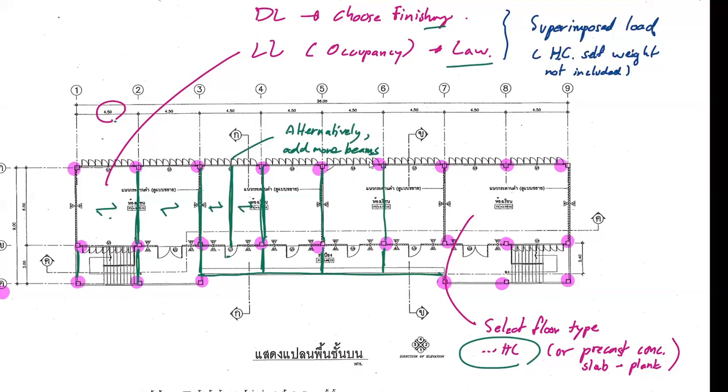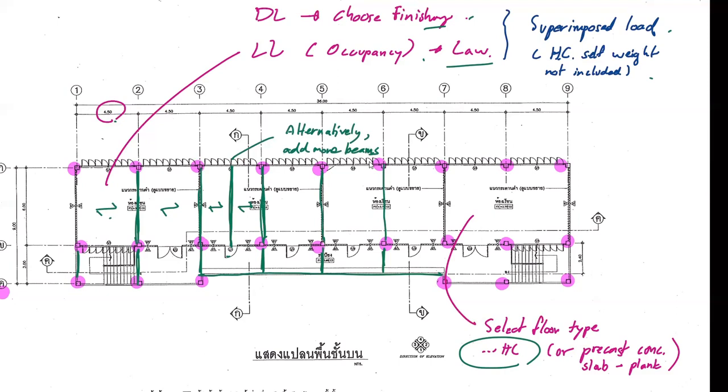If you can select the floor, because I don't know why last year it was so confusing the way they tried to choose the hollow core. When you look at the hollow core table, it shows the superimposed load, which means that if you know the load of the finishing and the live load, you add them up, you have the superimposed load, and you can just select the hollow core right away.